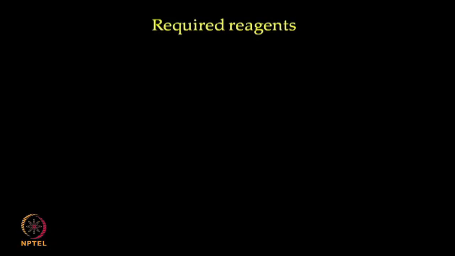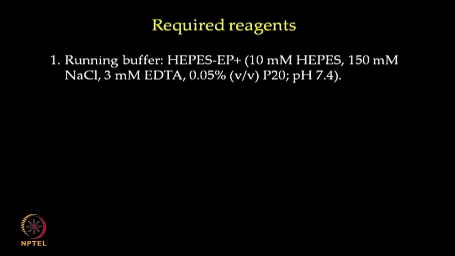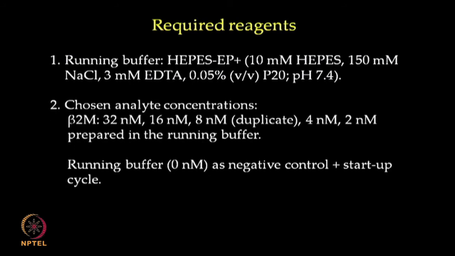In today's kinetic assay experimental setup, we will be using HBS-EP Plus as the running buffer. We will be preparing a total of 5 concentrations of beta 2 microglobulin starting from 32 nanomolar, 16 nanomolar, 8 nanomolar, 4 nanomolar and 2 nanomolar using 2-fold serial dilution in the running buffer, and 8 nanomolar concentration in duplicate.